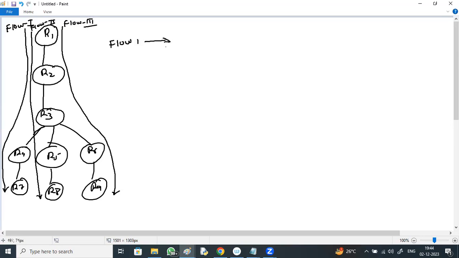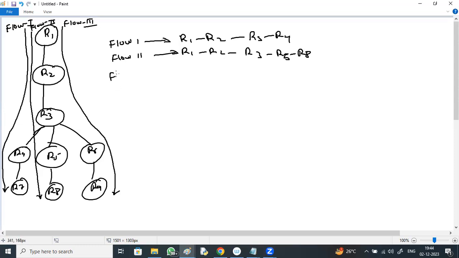Flow 1: R1, R2, R3, R4. Flow 2: R1, R2, R3, R5, R8. Flow 3: R1, R2, R3, R6, R9. So there are 3 flows.